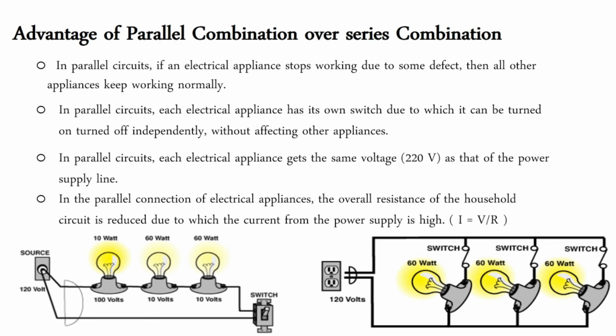These are the values of the 3 resistors. So what answer will come? What is the least value out of these 3 resistors? The least value is 2 ohm. So the answer for the total resistance will come less than 2 ohm. It means that in parallel combination the total resistance will decrease.